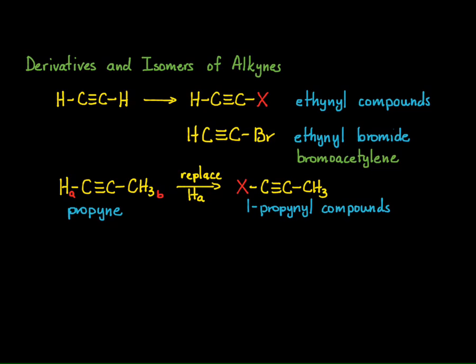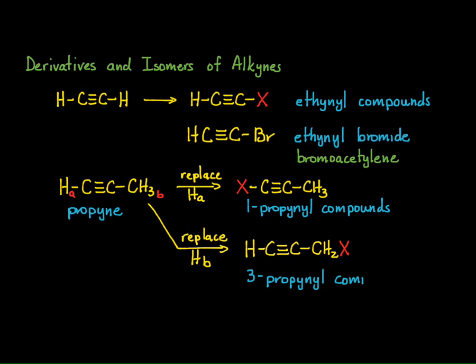The naming basically follows suit with the naming of alkenes. And if I replace hydrogen B, then I get an X on the methyl group coming off of an alkyne. These are called 3-propynyl compounds.